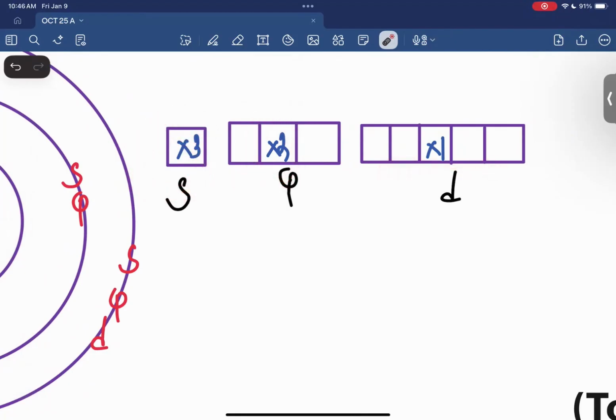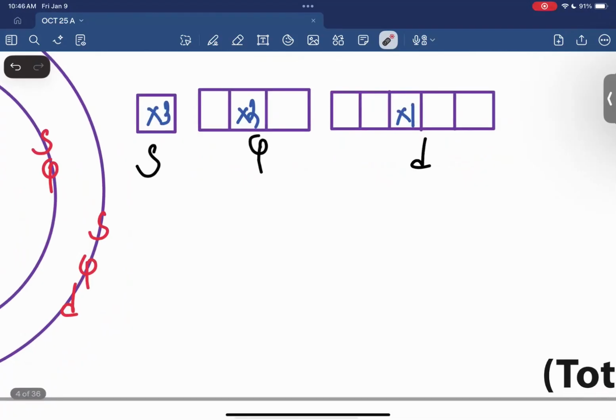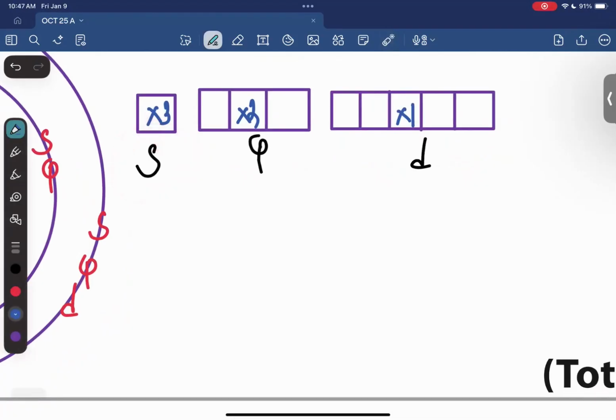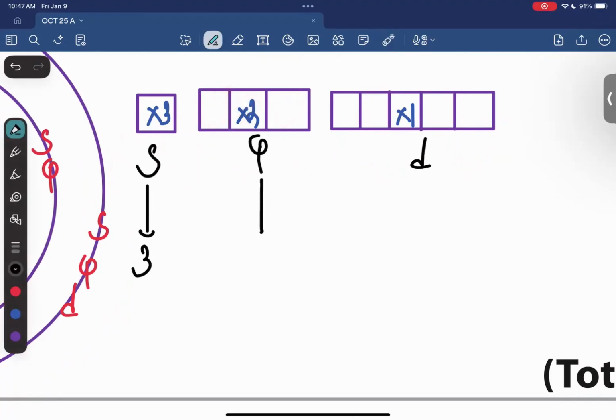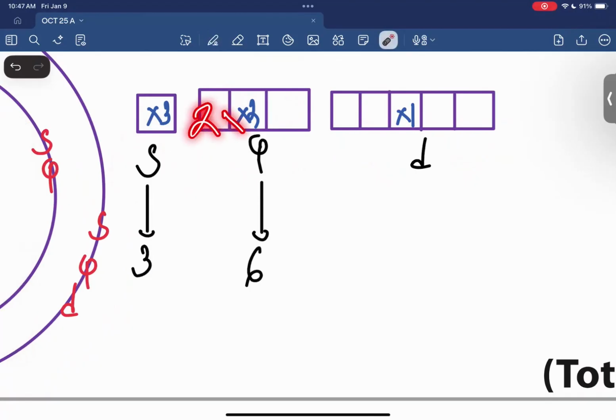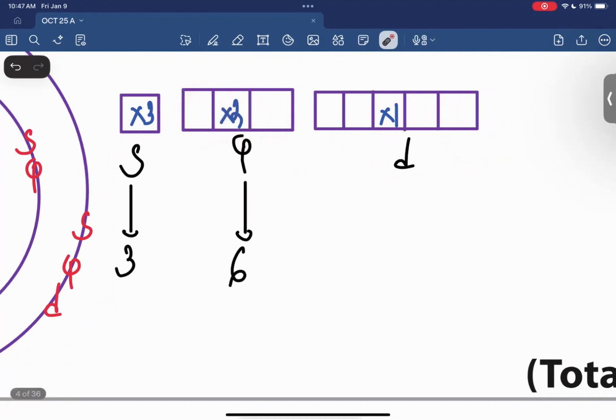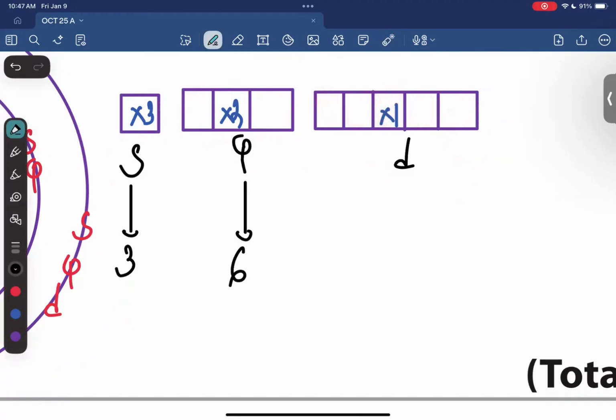So calculate this down. For S orbital, we have a total of 3. 2 times P, right? In 1P, there are 3 orbitals. So in 2P, there is going to be a total of how many orbitals? 6 orbitals, right? 2 times 3 is 6.